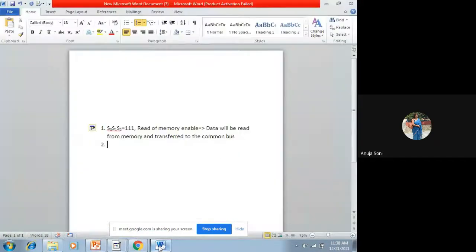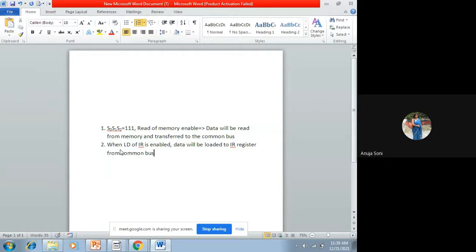So it says that in the second step, as and when the load signal of IR is enabled, what will be the second micro operation? Enabled. So the data which is already placed on the common bus will traverse the common bus, and the data will be loaded to the IR register from the common bus.